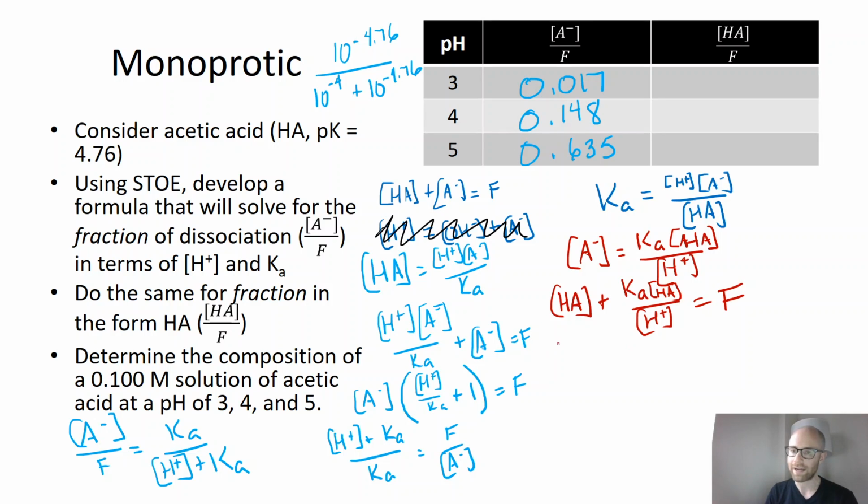We're going to factor out the HA, and I'm going to do two steps at once to save a little space because I think I'm getting close to the edge.